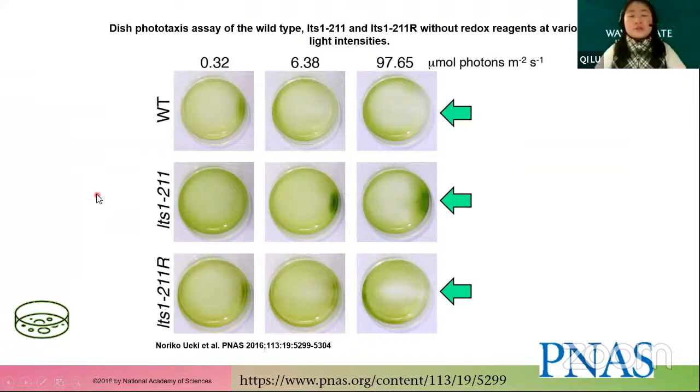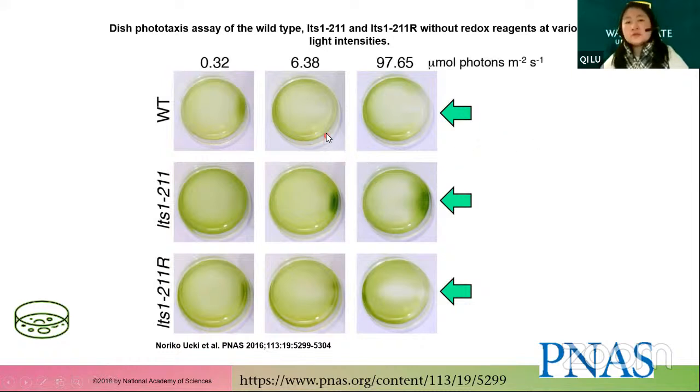So here it shows some of the experiments performed in a dish. With a medium light intensity, when the light source is shining from right to left, the green algae will prefer to go towards the light source.